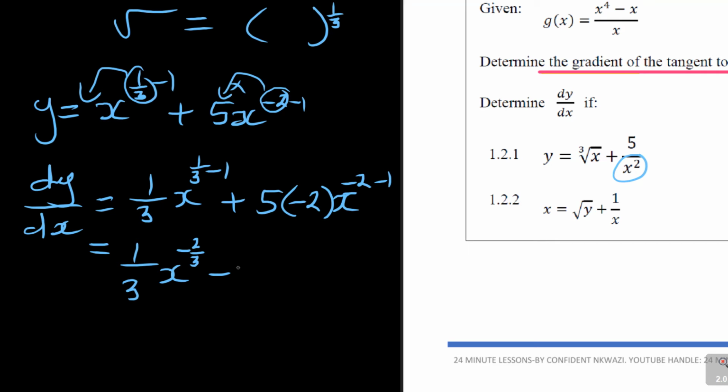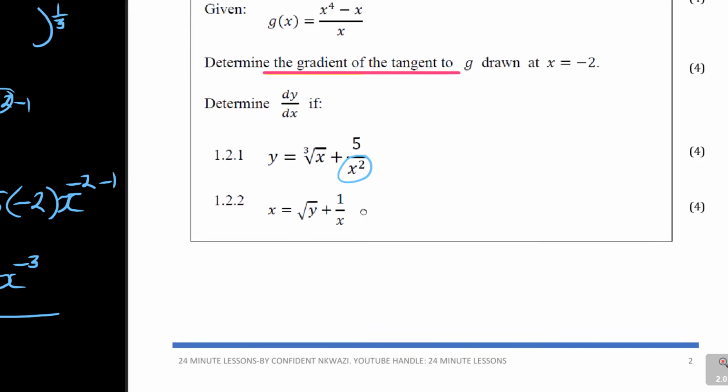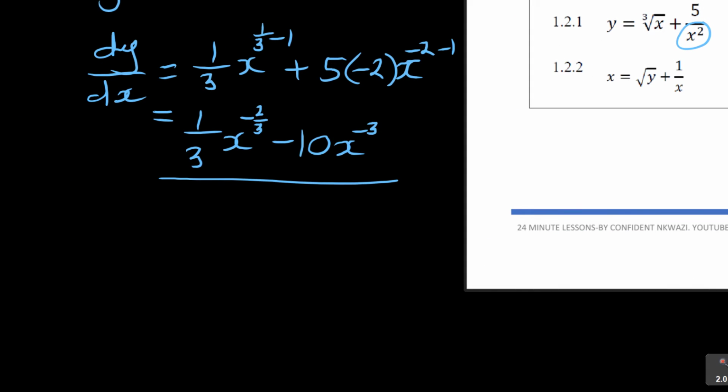Then 5 times 2 is negative 10. x to the power negative 2 minus 1 is negative 3. If they didn't say much, leave your answer like that. But if you want to get further with it, with positive exponents it's 1 over 3 x to the power of 2 over 3, see it's positive now, minus 10 over x to the power of 3.